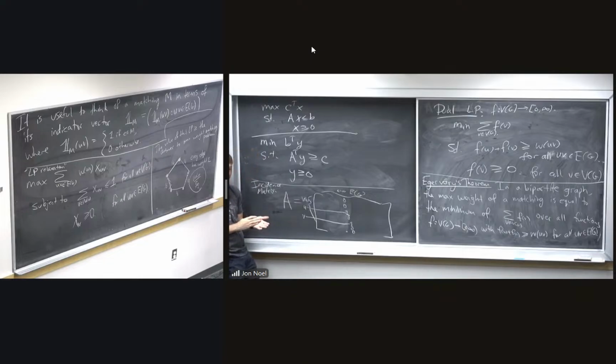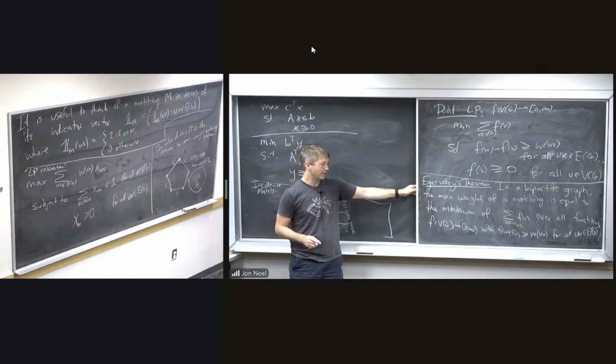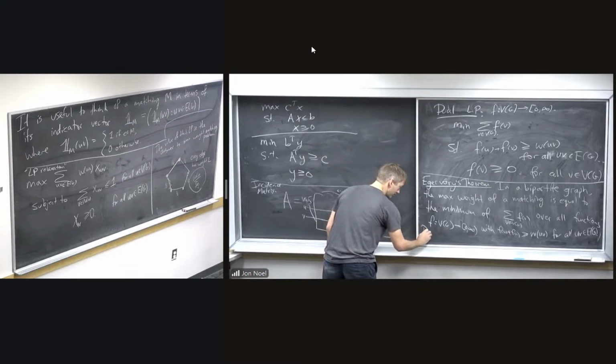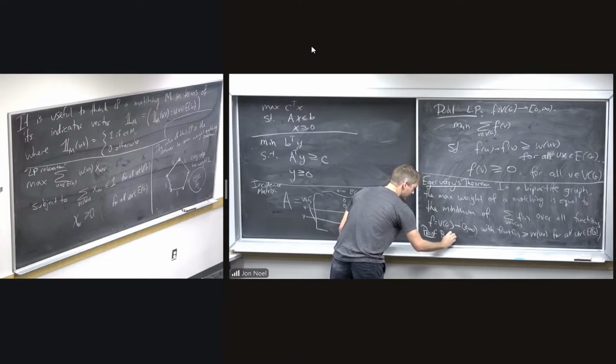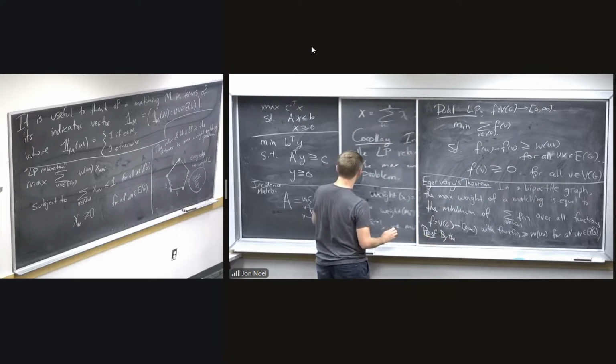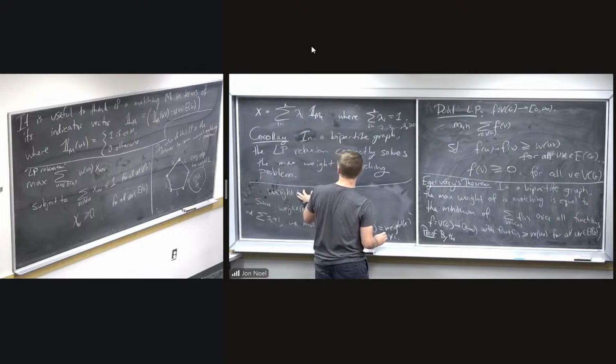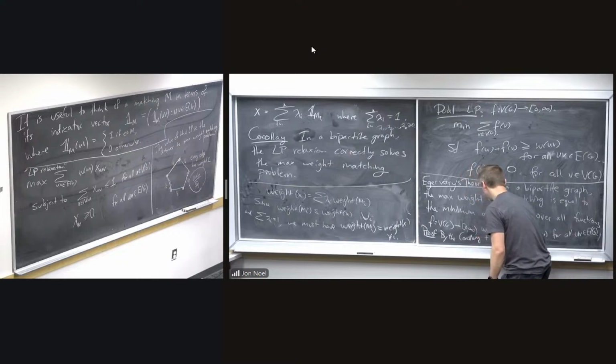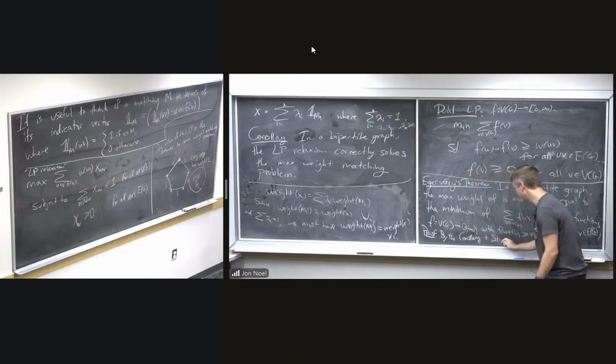Does that make sense? Okay. So yeah, the proof of this theorem is just by the corollary that we wrote down before, and strong duality. So yeah, by this corollary, plus strong duality for linear programs.